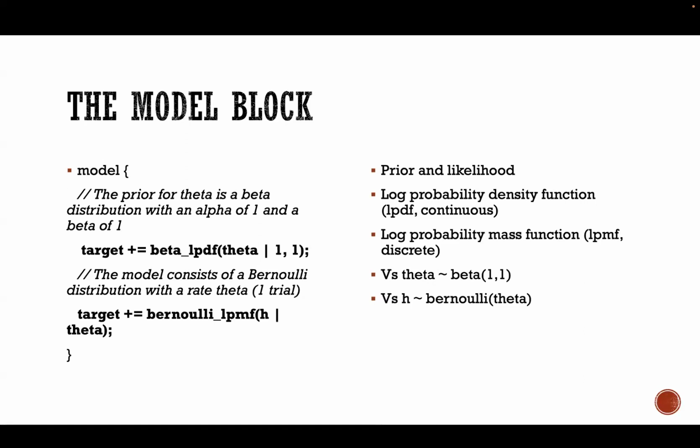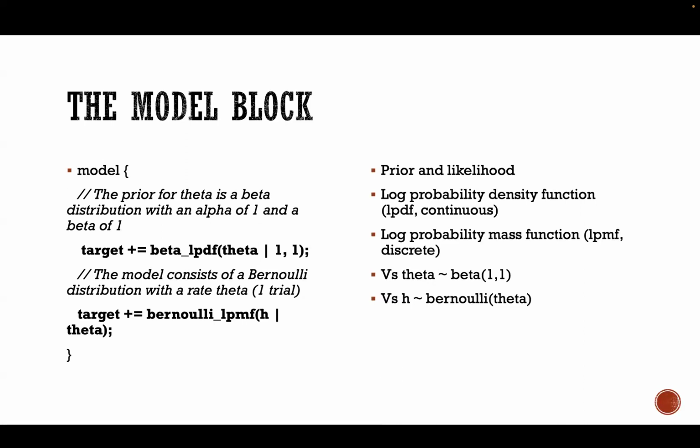I know this is technical, right? We will go through these things again and again. I just want you to now have the full perspective on what we're writing. So basically, this is a prior. We need to specify what the distribution is and what the parameter values in that prior are. Stan makes us aware that we're working in log probability space and that it's density if the variable is continuous, like beta, or mass if it's discrete. And then we specify the likelihood function, which is specified in the same way, because they're both going to contribute to the log posterior likelihood.